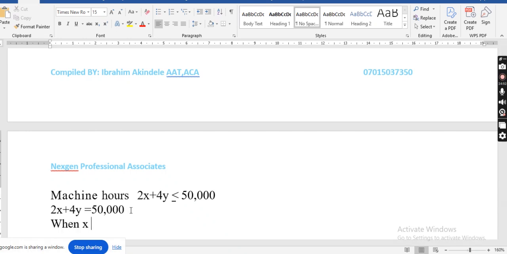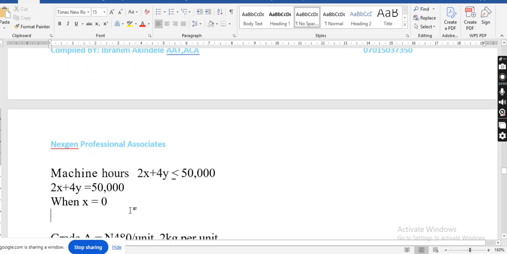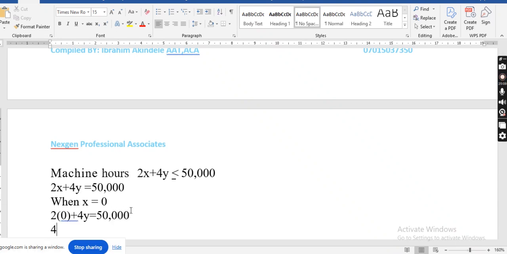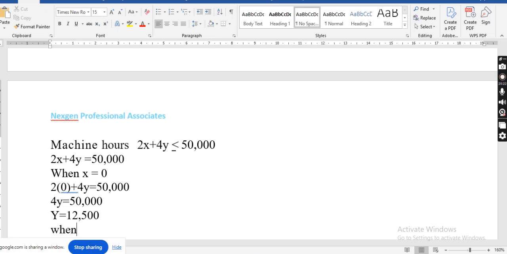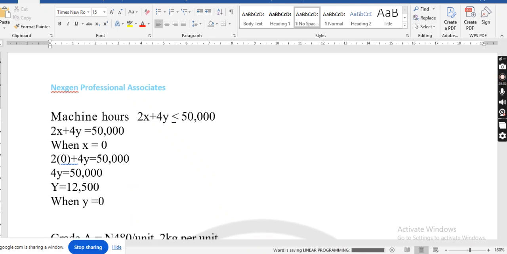So therefore, when x is equal to 0, what is your y? So 2 open brackets 0 plus 4y equals 50,000. So we can have 4y is equal to 50,000. So what is y? 12,500 units. So we do the same thing when y is equal to 0. What is x?